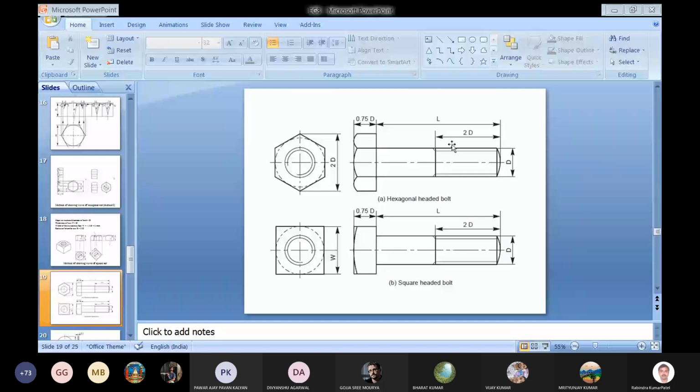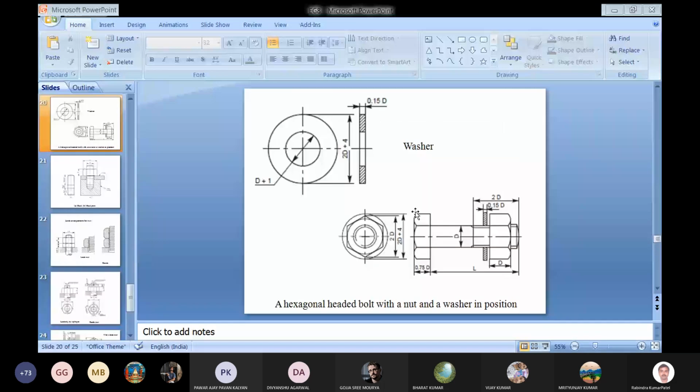Similarly, for the square nut, we have a few more things, like the washer, which is used to provide a flat base for the nut when it is assembled together. Here the washer is used in this place, nut is here.